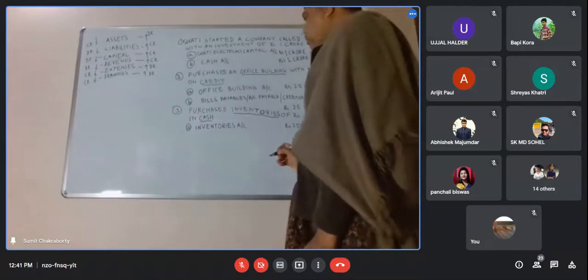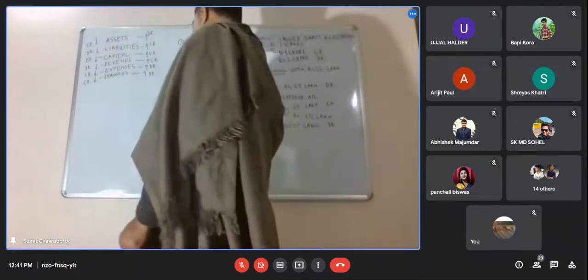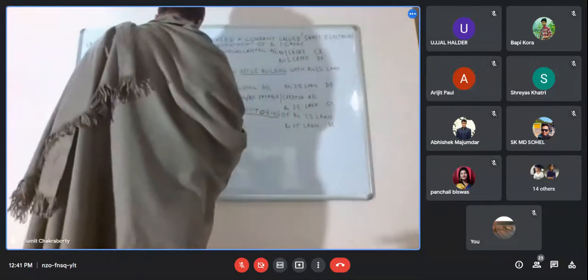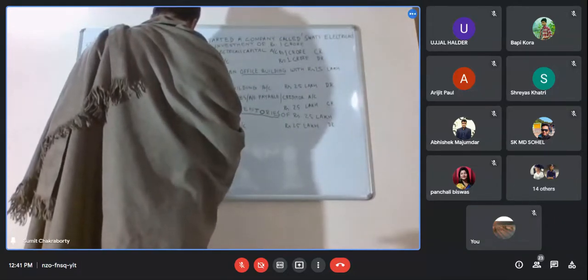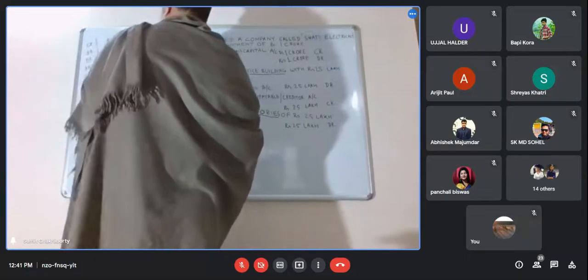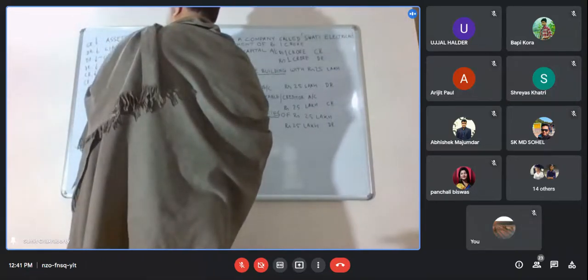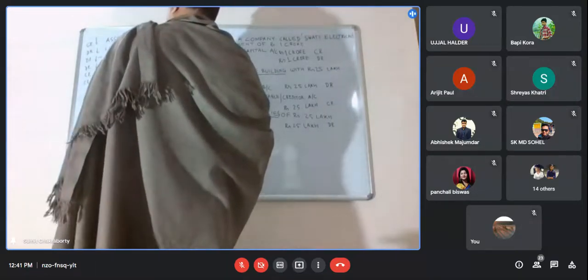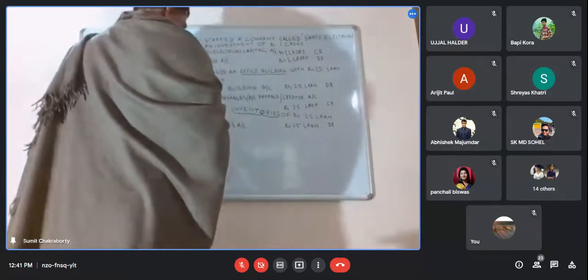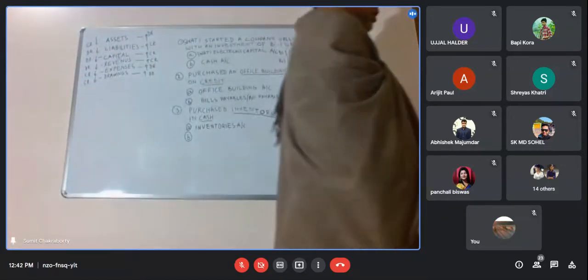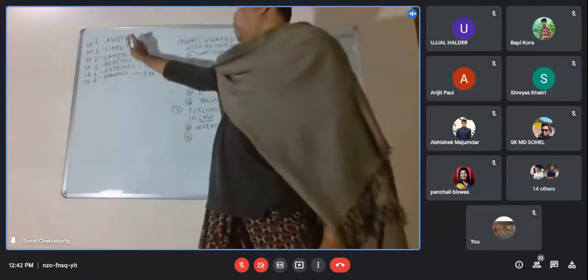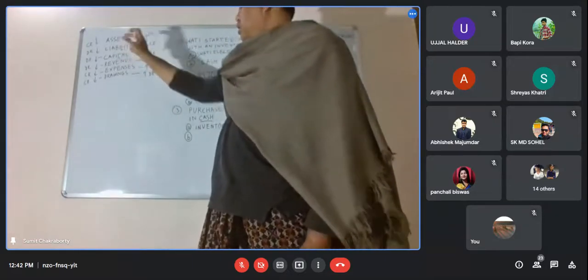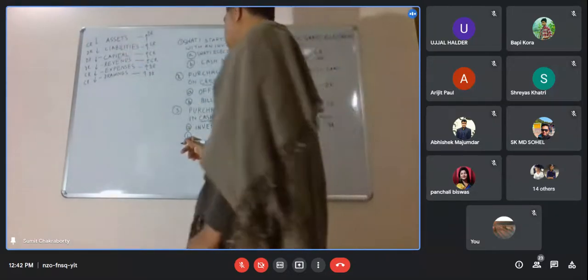Cash account reduced. Cash falls under which account? Which broader category of account? Assets, liabilities, capital, revenues, expenses, drawings. Where does the cash belong? Cash is an asset. So cash reduces.